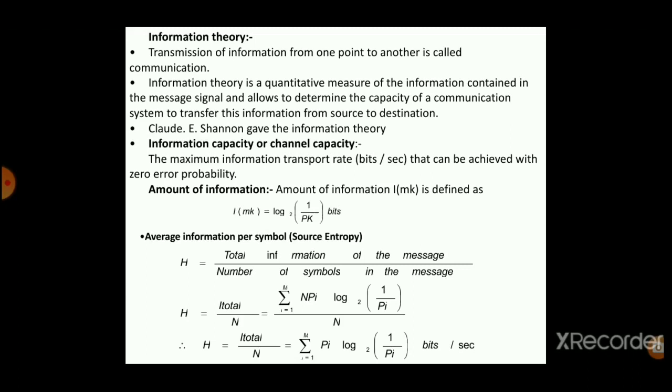Shannon gave the information theory, information capacity or channel capacity: the maximum information transport rate in bits per second that can be achieved with zero probability of error.